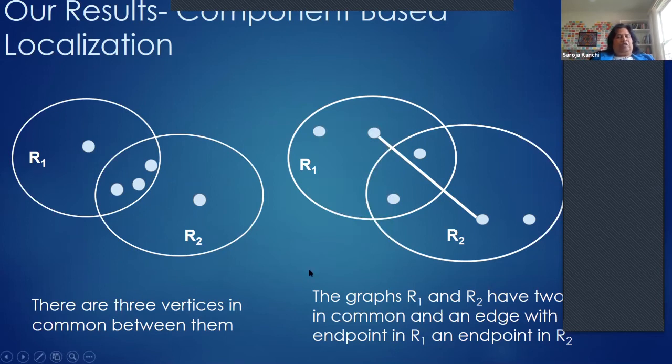We did not use trilateration to find a large rigid region. We used this sort of merge theorem, which I call rigid clusters. We proved that if two regions are globally rigid and you had 3 nodes in common between the regions, then the union of the regions becomes globally rigid.